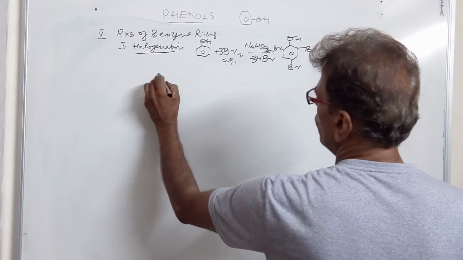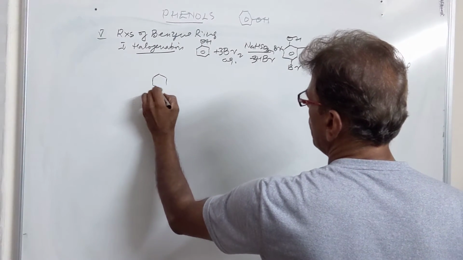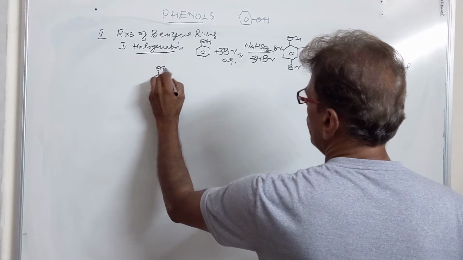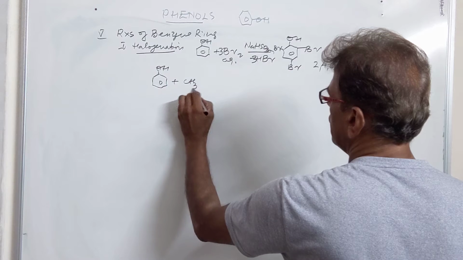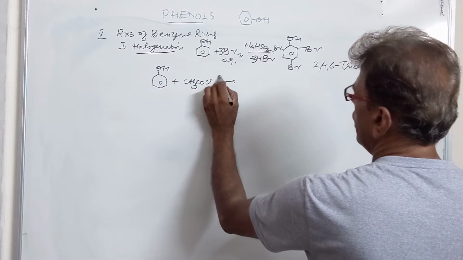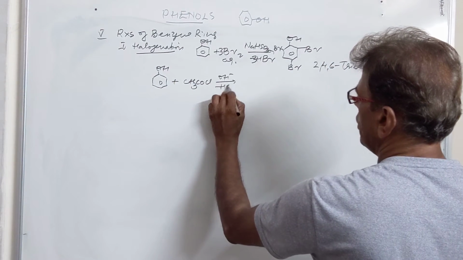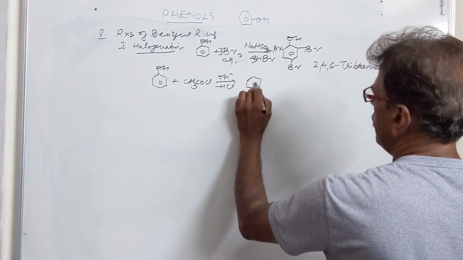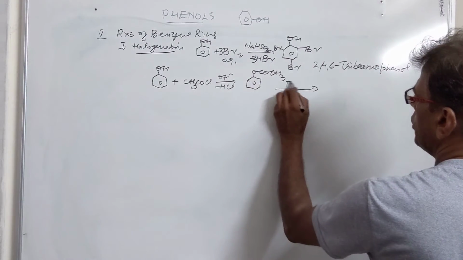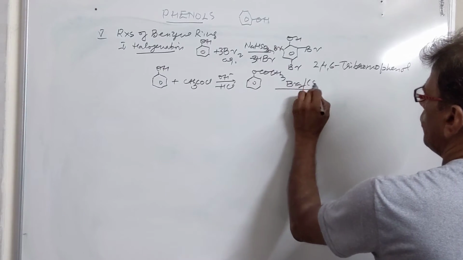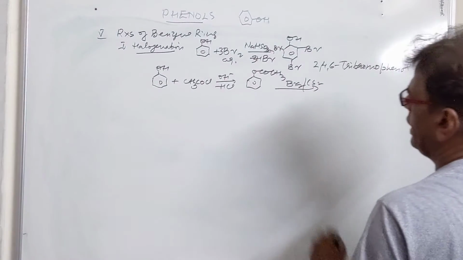Then if we want to get the monohalogenated product, first of all we acylate this group by treating it with CH3COCl. In the presence of base, it will remove HCl, we will get OCOCH3. Now it is treated with Br2 in the presence of non-polar solvent CS2.